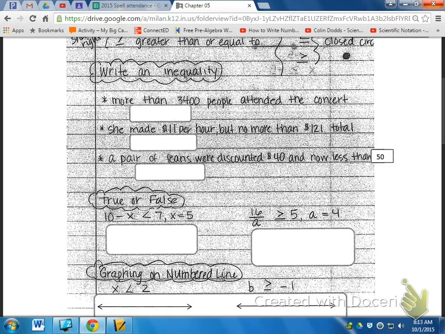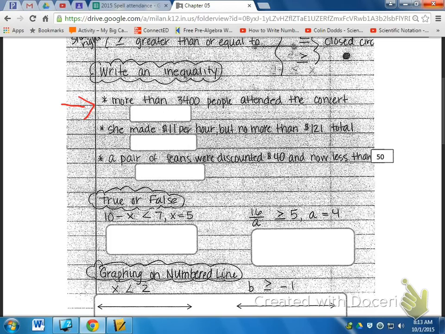So on the first example right here, it says more than 3,400 people attended the concert. So what's the thing we really don't know? We don't know specifically. What don't we know specifically? The sign.